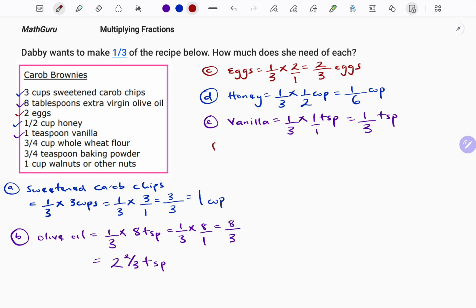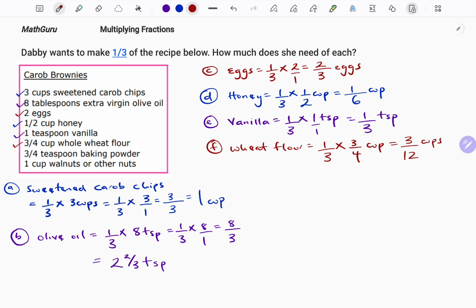F, I need 3/4 cup of whole wheat flour. So wheat flour equals, I need a third of that, so that's 1 over 3 times 3 over 4 cup, and that is equal to, for my numerator, 1 times 3, which is 3, and then denominator, 4 times 3, which is 12 cups.